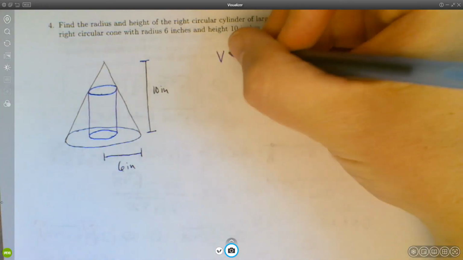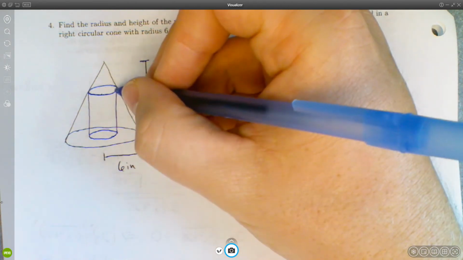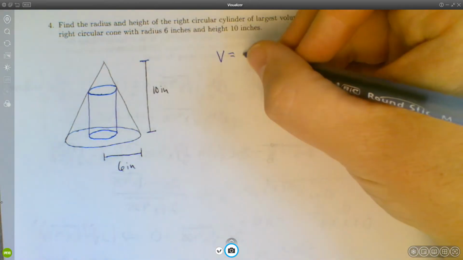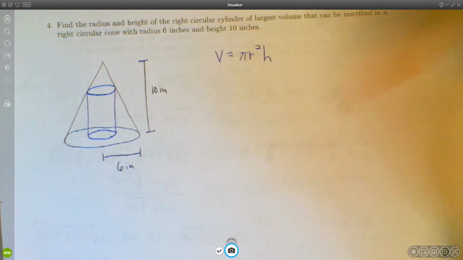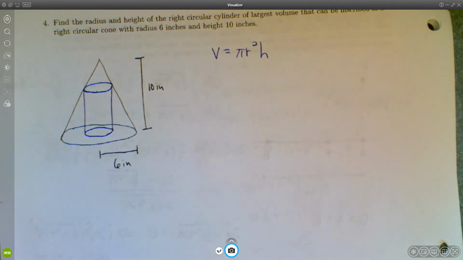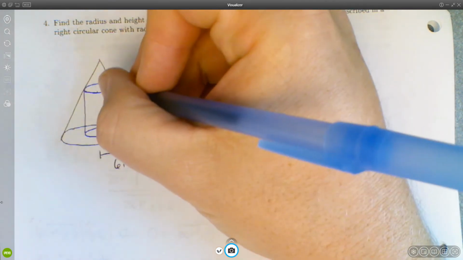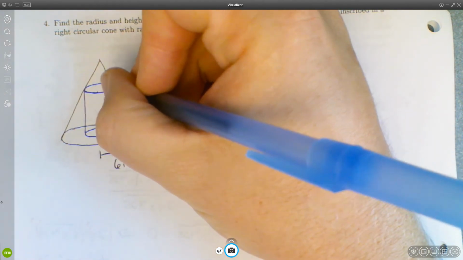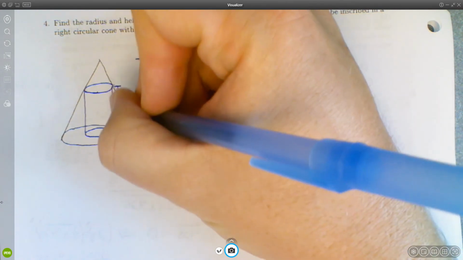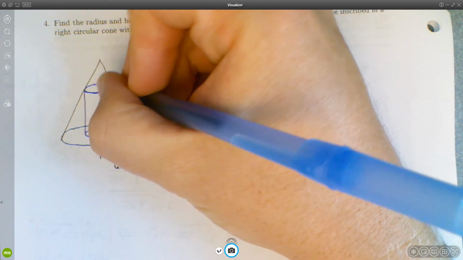Well, the volume of a cylinder is the area of the circle multiplied by its height, right? So it's pi r squared h. Okay, so I guess I'm labeling this from here to here is h, and this from here to here is r.